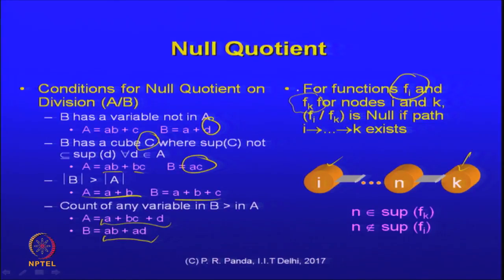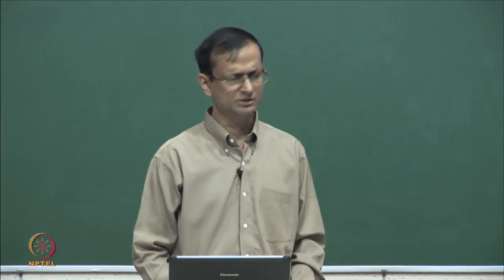So, if a path exists from node I to node K, then what can I say about divisibility between Fi and Fk? This is just a path through that logic network, a path from one node to another node. This is very common, right. What divisibility relationships can we expect if there is a path?